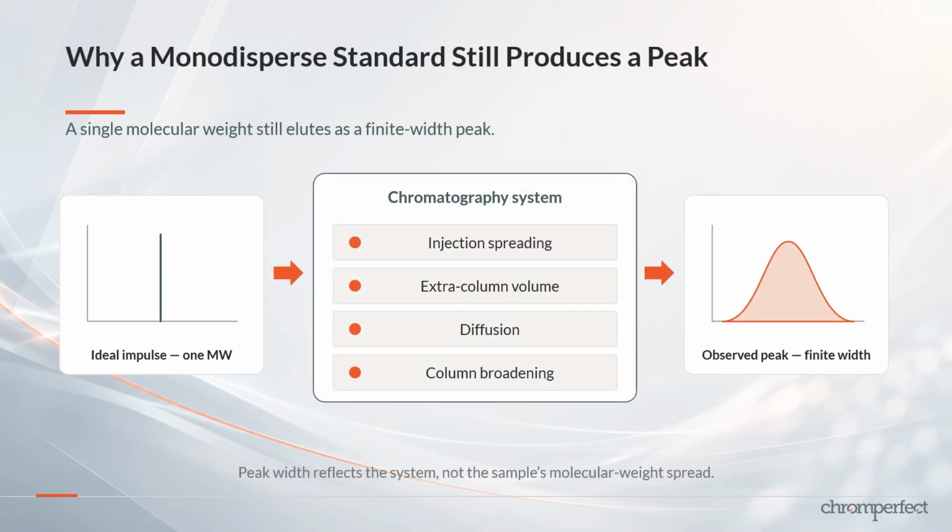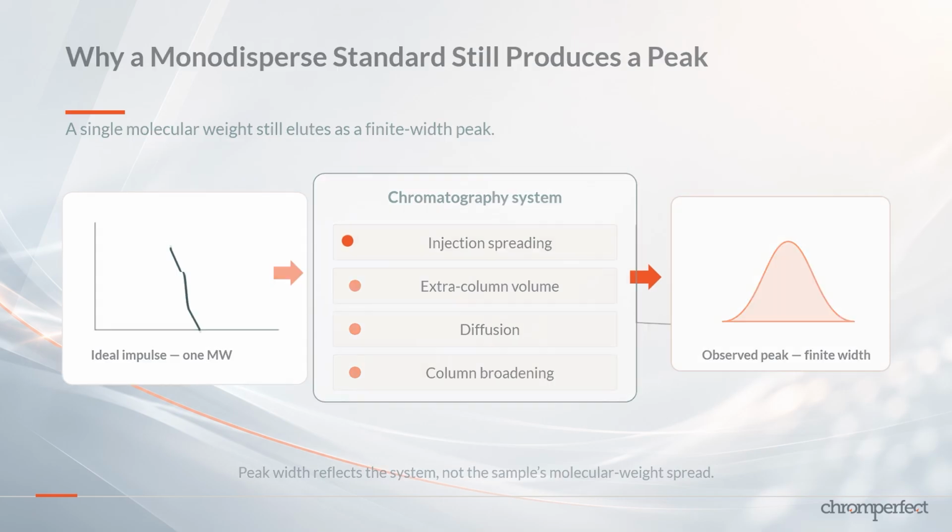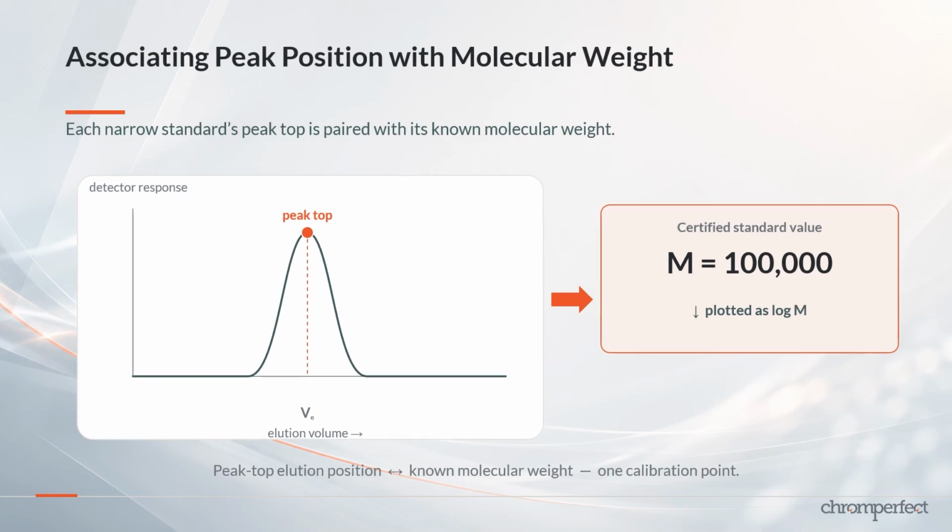In practice, even a truly monodisperse standard produces a chromatographic peak with finite width. Part of this width results from injection and extra column effects, while part is produced by diffusion and other broadening processes within the column. For narrow standard calibration, the elution position of the peak top is associated with the nominal molecular weight of the standard.